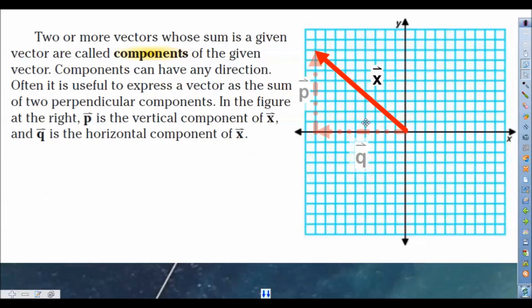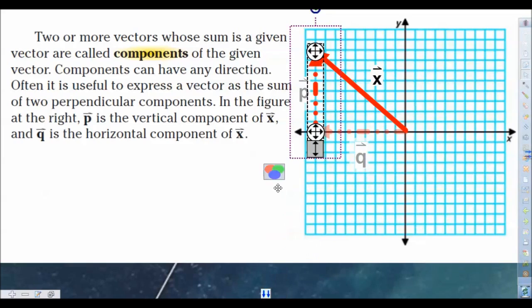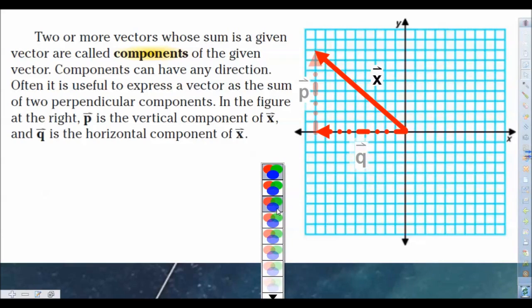Vector x can be made of two components. We can see that vector p, indicated right there, is the vertical component, and then we can grab the horizontal component, which you can see right here, which is vector q. So those two vectors are what make up the vector x.